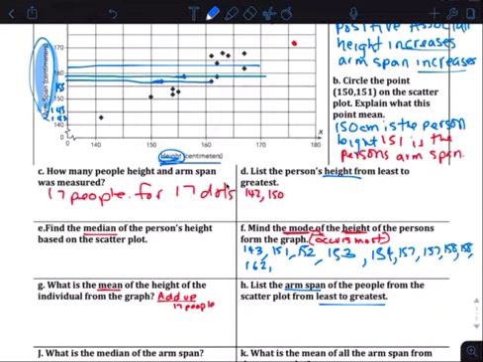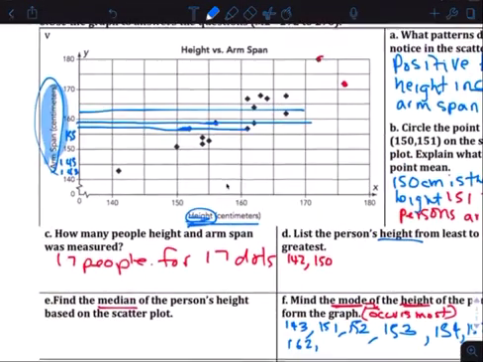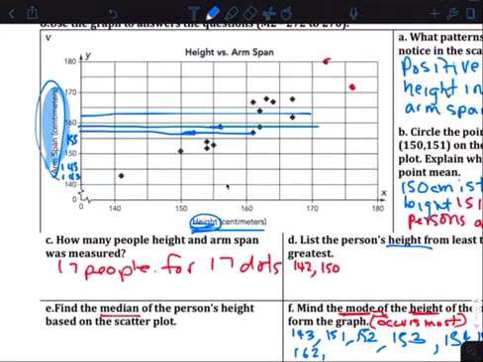What period do they have you? 5th period?